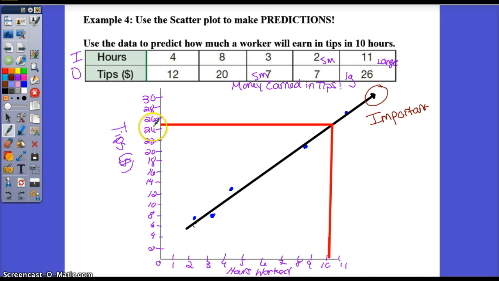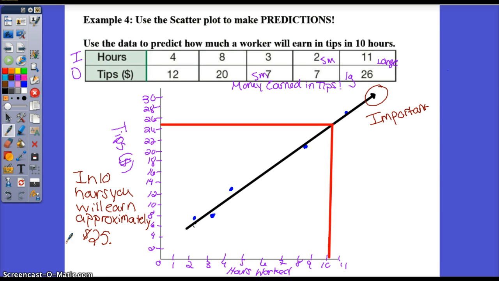So I would say in 10 hours, you will earn, and I always use the word approximately, because yours might be a couple of dollars off from mine based on where you drew your trend line, approximately $25. So that's the final answer to this.